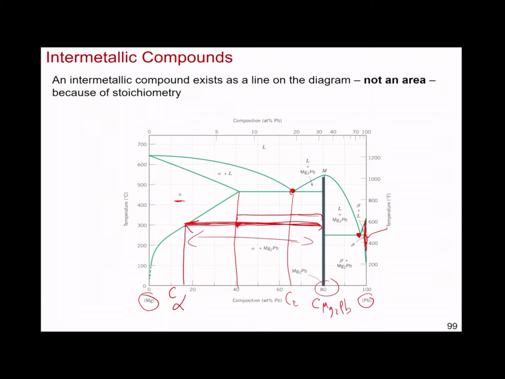In these cases, one would just take the phase diagram piecewise. You can treat everything to the left of this intermetallic as one, and then take the other eutectic point as sort of another phase diagram. So you can just break down a phase diagram. It doesn't have to be overly complex.